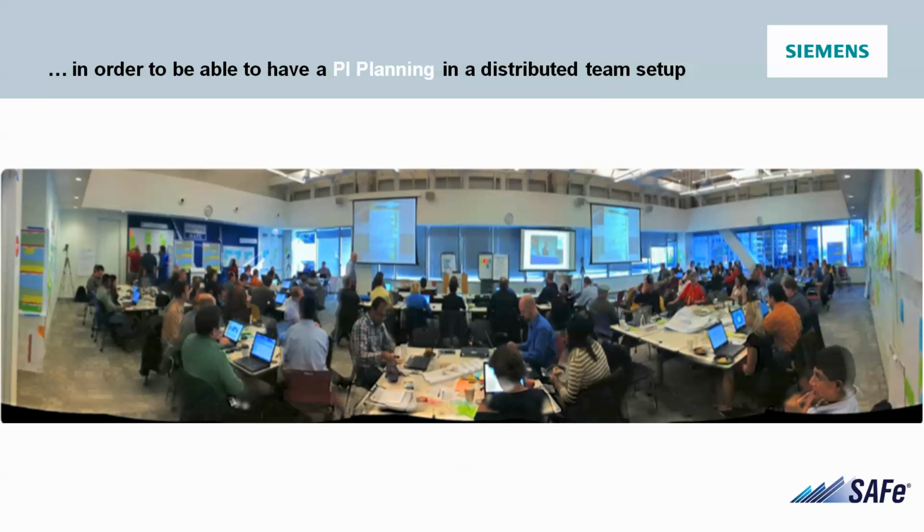And this enables us to have a PI planning in a distributed team setup, as you can see here on this picture provided by SAFe. And you see they are using screens, so it's pretty obvious that they are distributed.